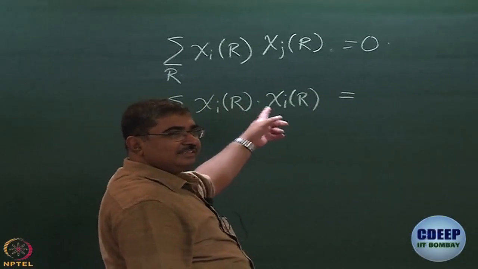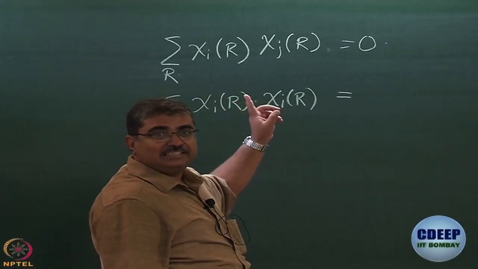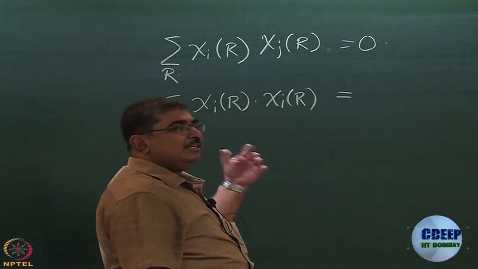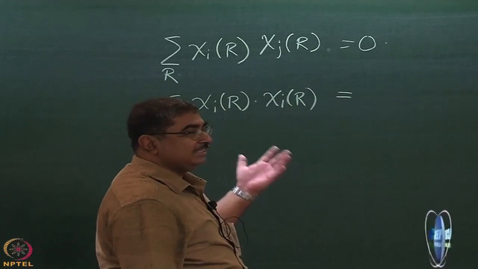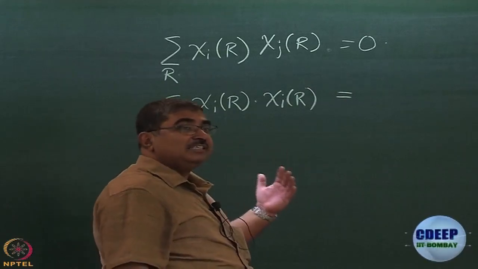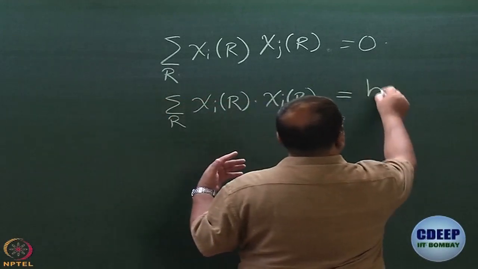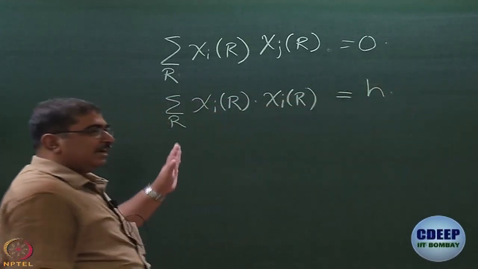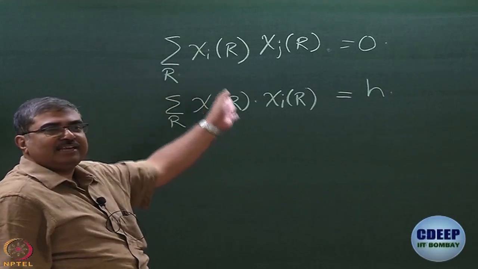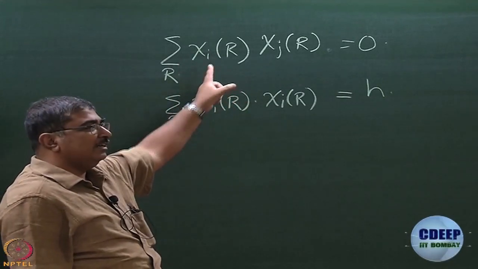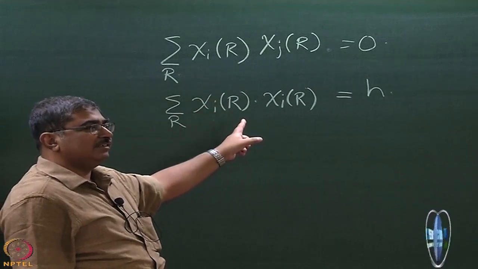What is this? h. What is h? Order of the group, which is the total number of symmetry operations. Operations, not elements, operations. We know this, right? And this is why we say that they behave like a set of orthonormal vectors. This is the condition of orthogonality, this is the normalization condition.